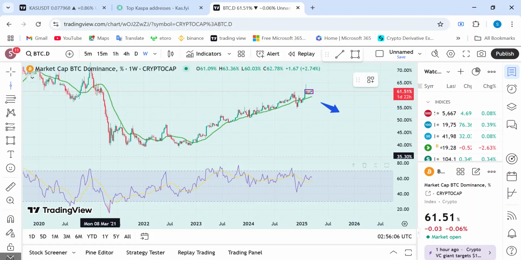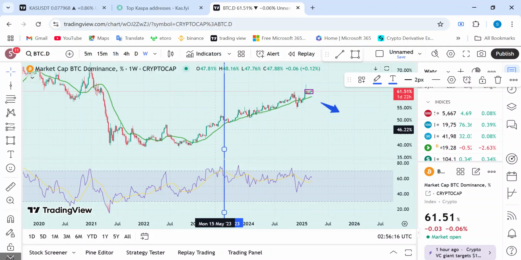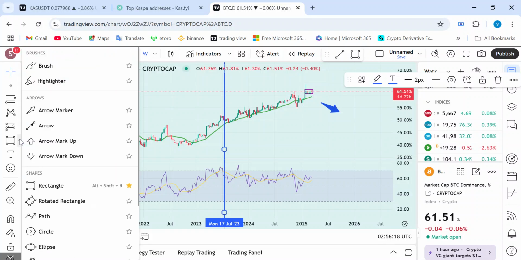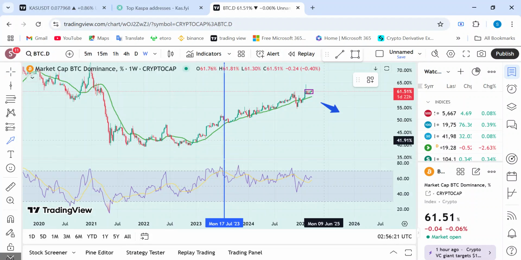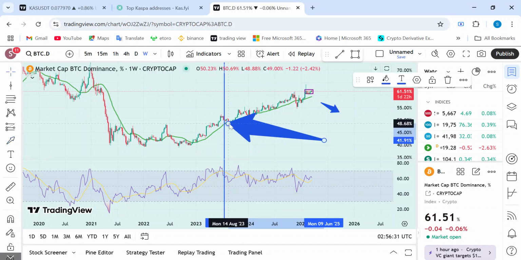Because it's going to tell you something. June, July, here. Bitcoin dominance was still going higher, and all of the other altcoins were performing very badly, and they were going down as Bitcoin dominance was going higher.